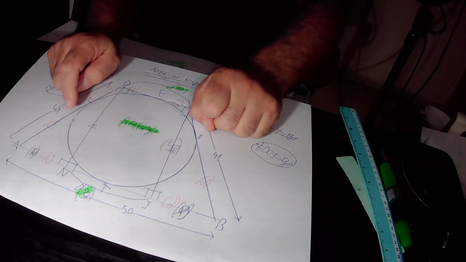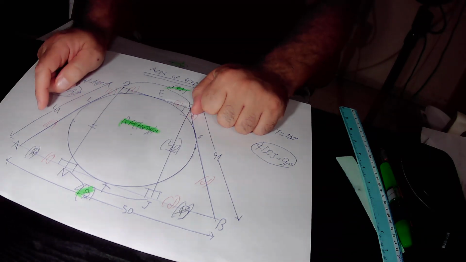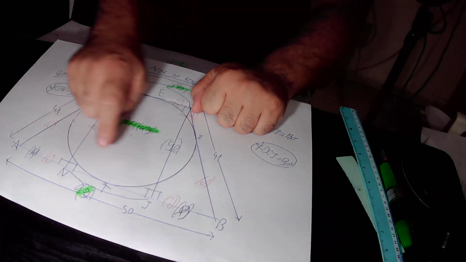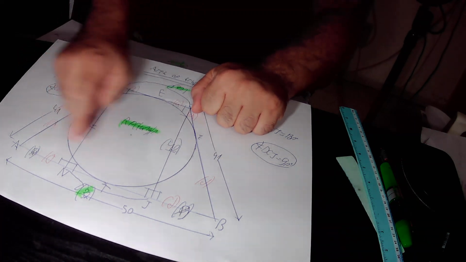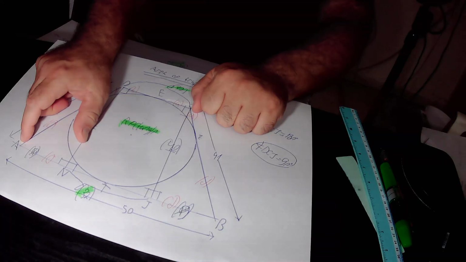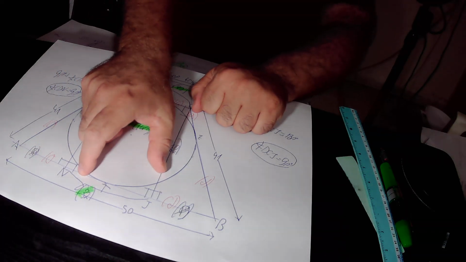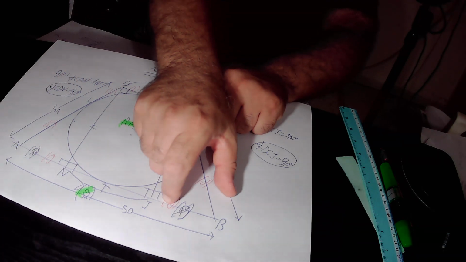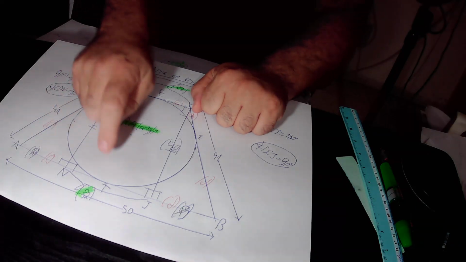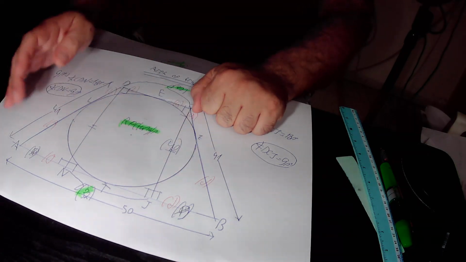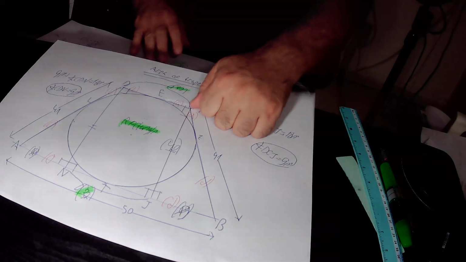We know that AB in total equals 50 units according to what is given in the question, but AB equals AN, that is x, plus NJ, that is 32, plus JB, that is also x. So x plus 32 plus x in total must be equal to 50.